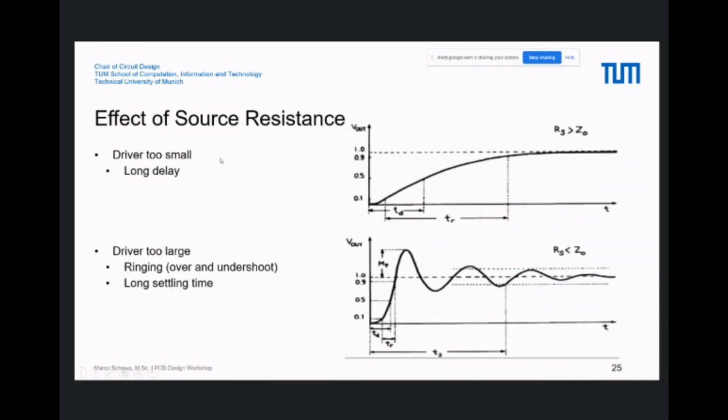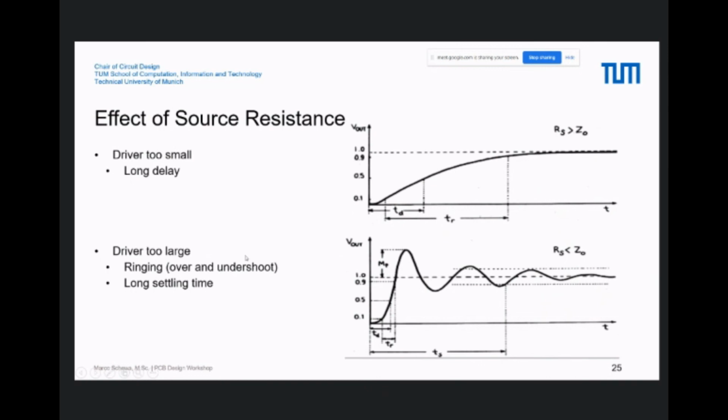You can see the effect of source resistance if the source resistance is too small or too large. Here in the top picture, you see what happens if my driver resistance is too small compared to the line impedance. That means you have a very long delay, so it takes a long time to go to the upper rail.